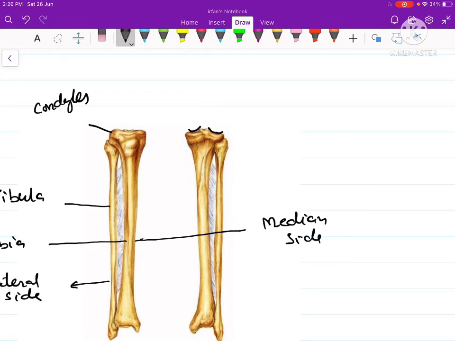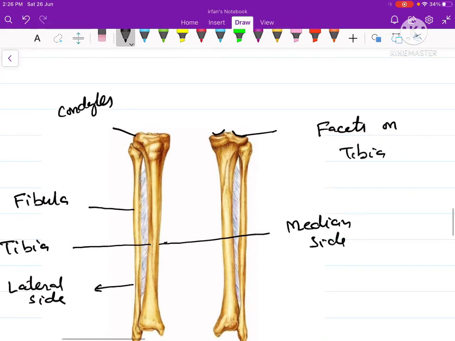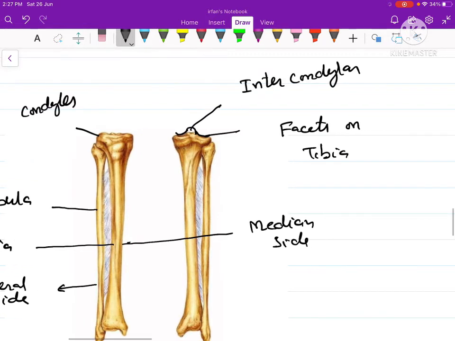So the condyles of the femur bone articulate with the corresponding facets on the tibia. In between these two facets is present the intercondylar prominence.